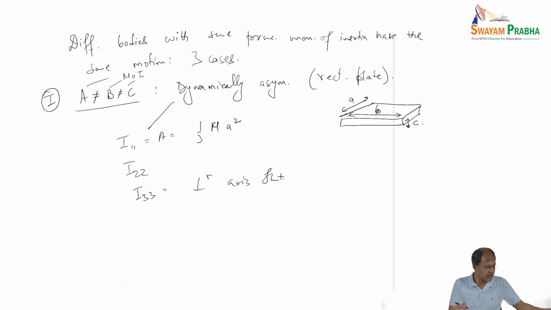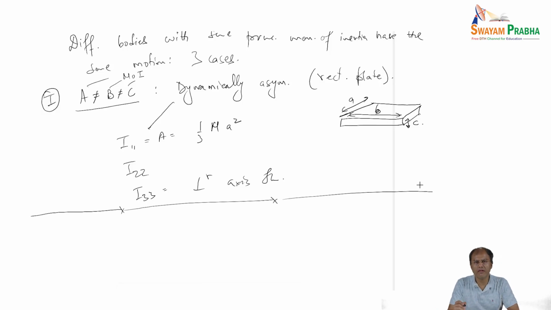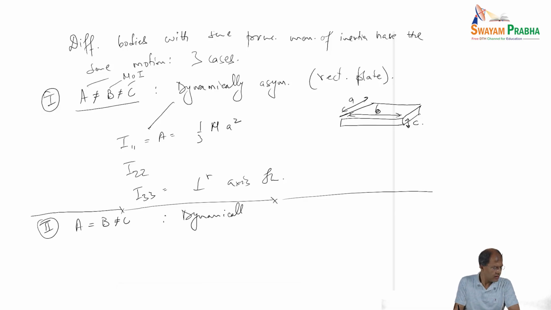And then some other examples are the case when at least two principal moments of inertia are equal. So the second case is A equal to B not equal to C. This is when we have dynamically or axially symmetric objects about, let's say, one of the axes OX3, which is perpendicular to the plate.